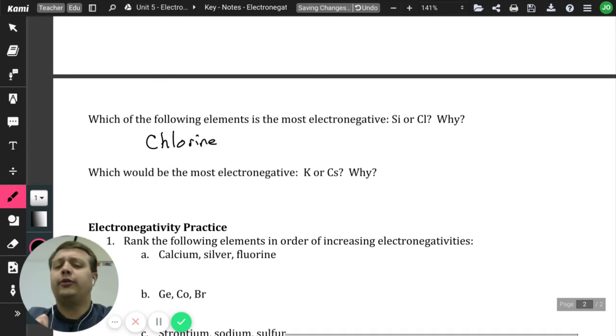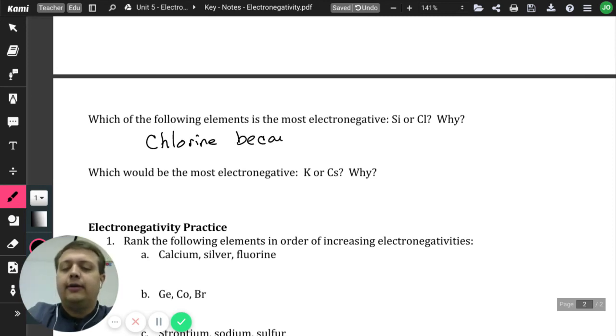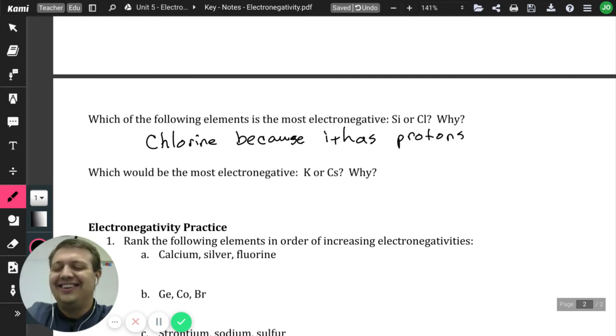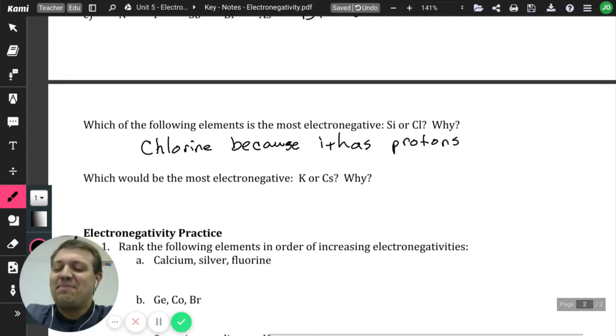So chlorine is the most electronegative. Why? Because it has more protons, which would mean more effective nuclear charge.